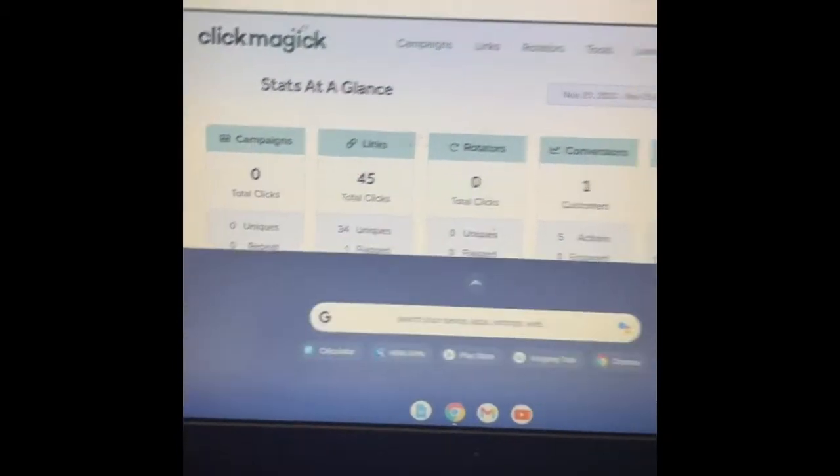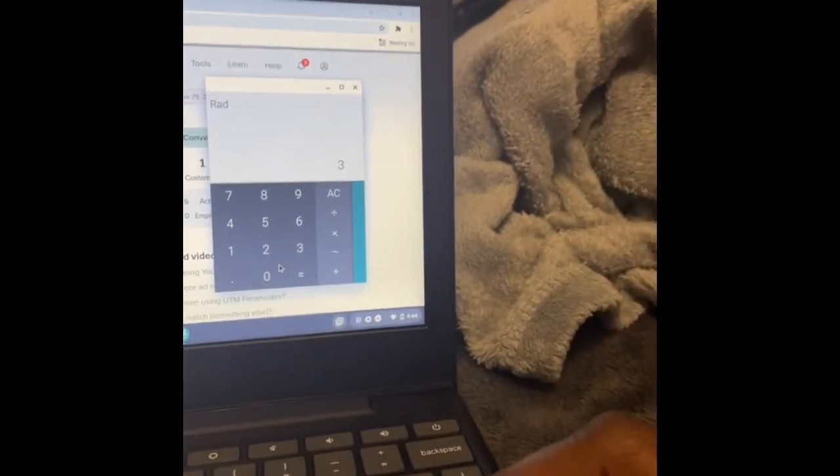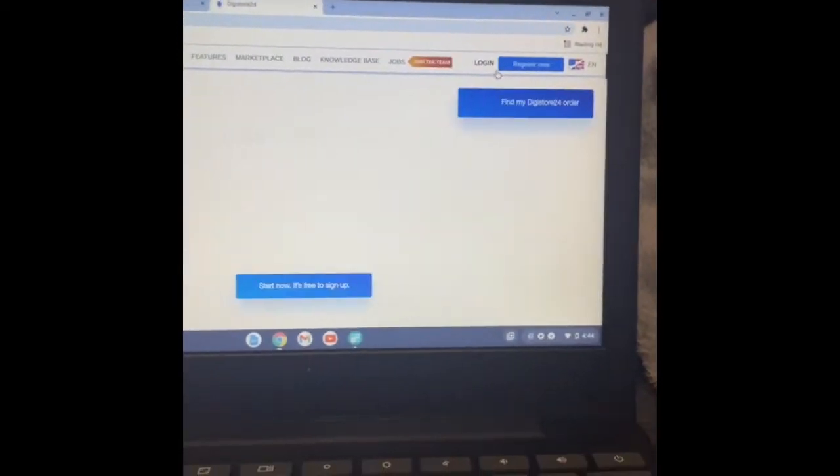So today, calculator, 305 minus $10. We're looking at $295 in profit. Log into Digistore. Let's see if this adds up together.